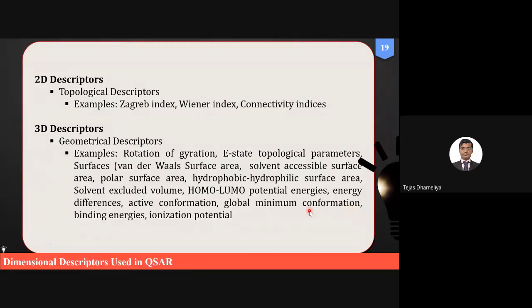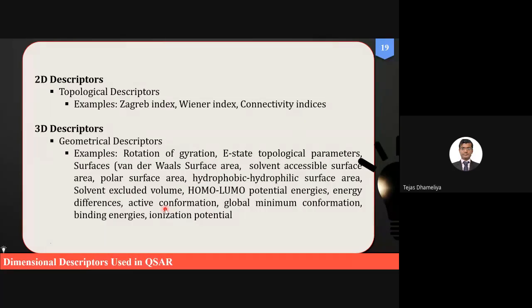All of them are conformations of butane. Which is the more stable conformation? Let me tell you, that is staggered or anti. The staggered and anti conformations are termed the global minimum conformation, whereas other conformations are called active conformations.